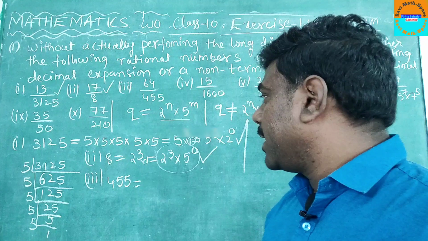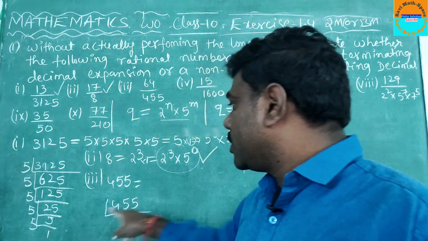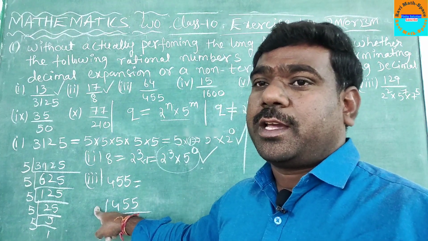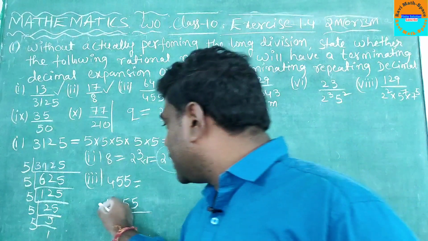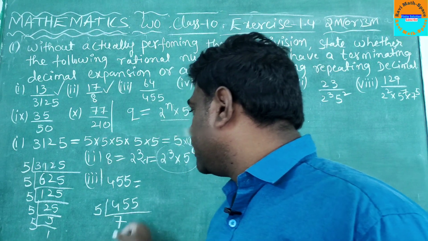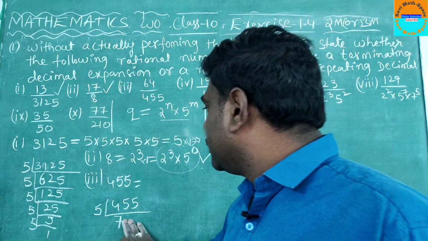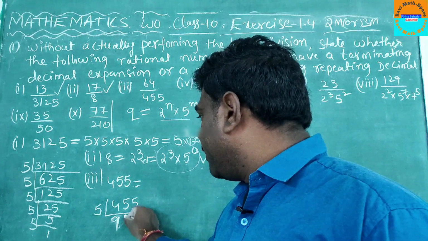What is the prime factorization of 455? The smallest prime number we should take. Already 5 is there in the ones place, which means this number is divisible by 5. 5 nines are 45, 5 ones.